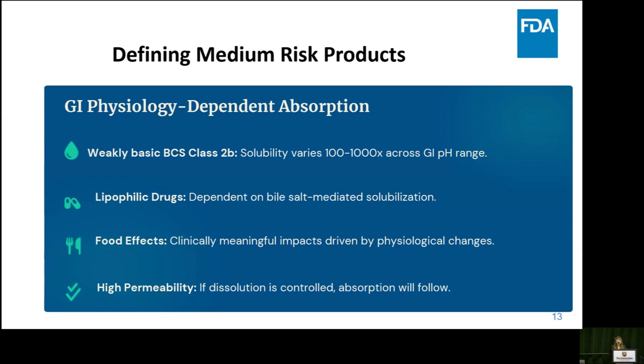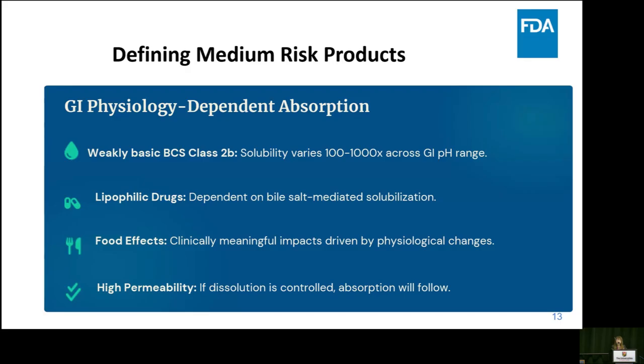And for a lipophilic drug, bile salt mediated solubilization may be the main in vivo dissolution mechanism. And then we also consider a clinically meaningful food effect is probably one of the clearest signals that the drug product is medium risk.